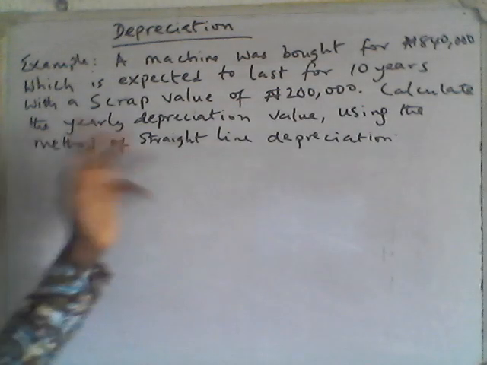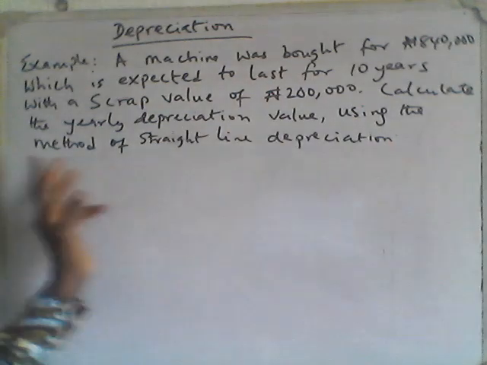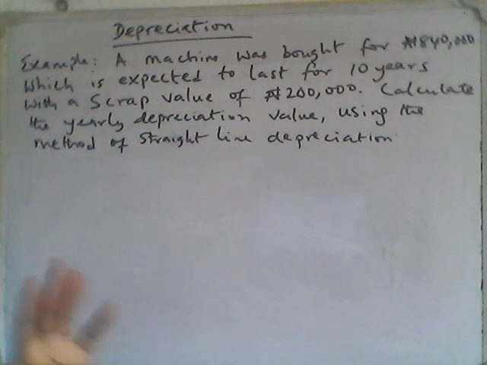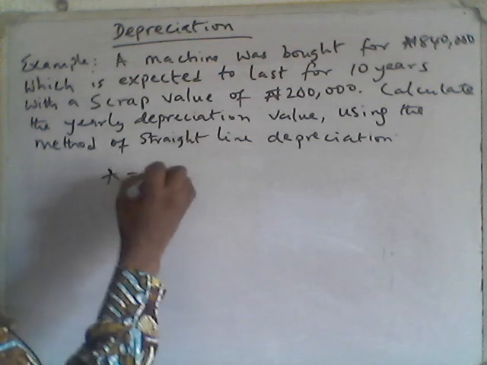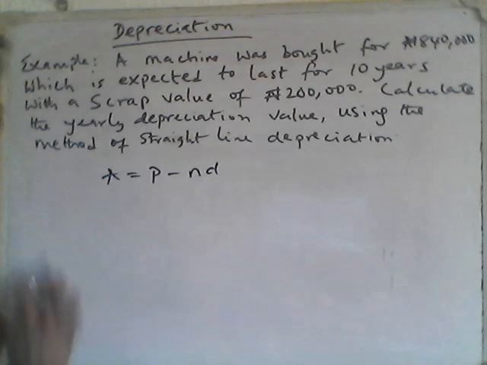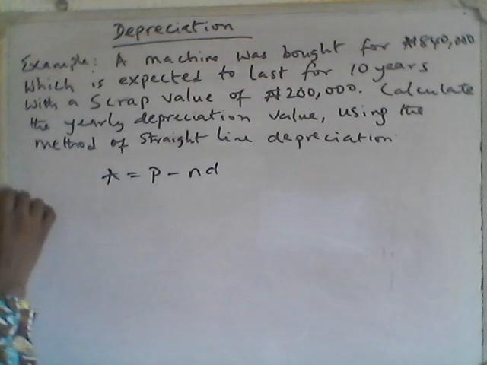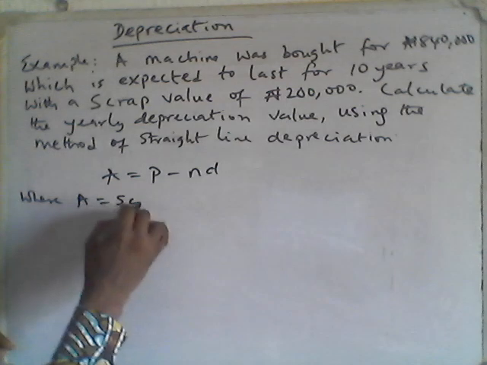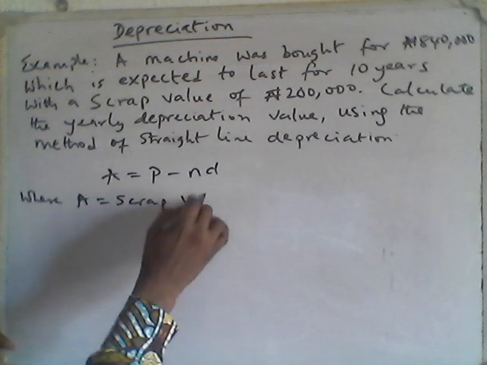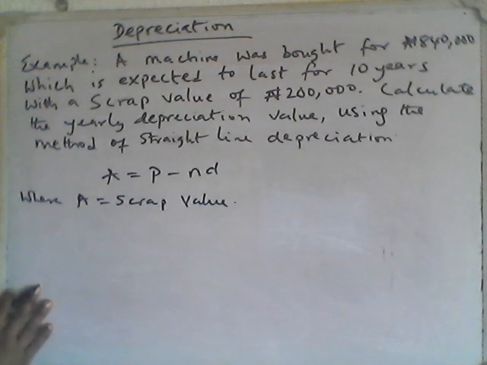Calculate the yearly depreciation value using the straight line method of depreciation. The formula is A equals P minus nD. Just note this, where A is the scrap value, the value it will come to where it can no longer have any use.